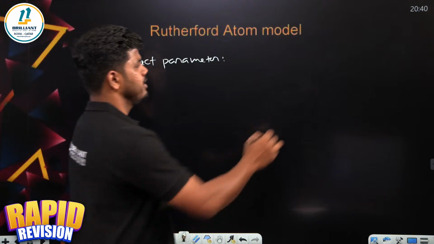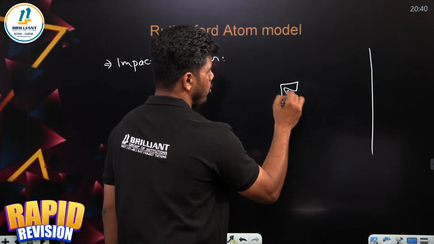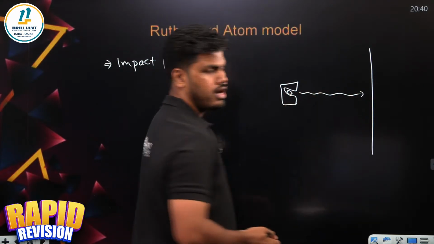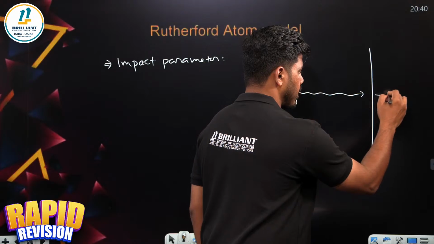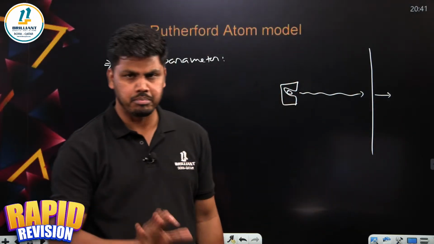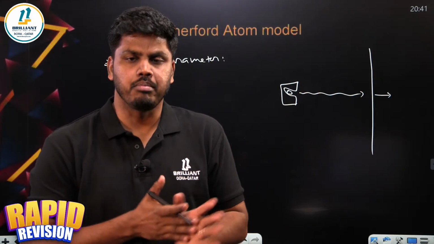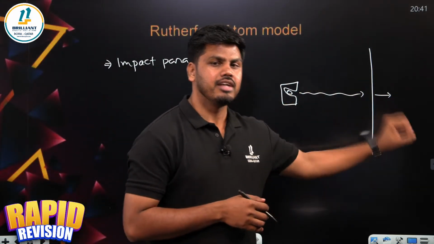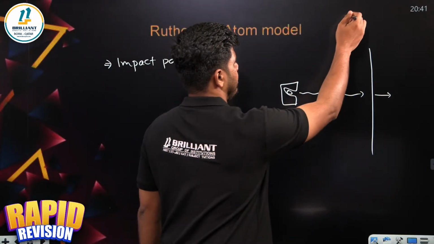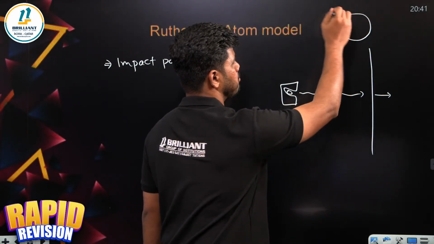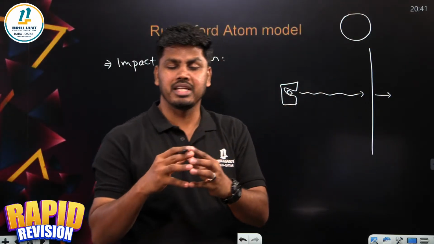We all know that when he sent alpha particles to a gold foil, most of the alpha particles passed through the gold foil undeviated, around 99%. But that was not the expected result. Before that there was the plum pudding model, J.J. Thomson, which suggests the atom is a completely filled sphere.